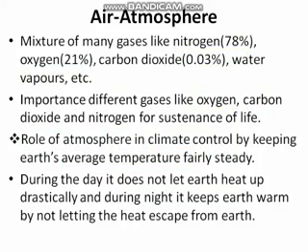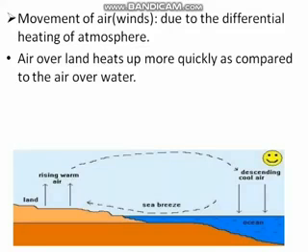Now let's talk about movement of air, how this atmosphere affects the movement of air, that's winds. The winds are created due to the differential heating of the atmosphere. What does that mean, differential heating? Differential heating means at certain places air is heated up more quickly as compared to the other areas.